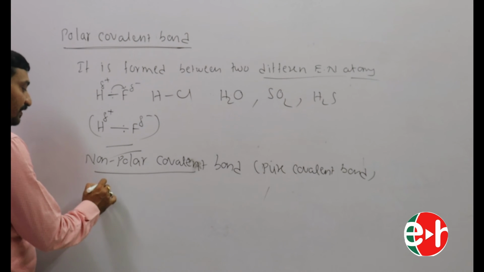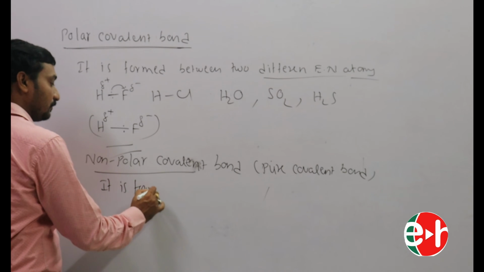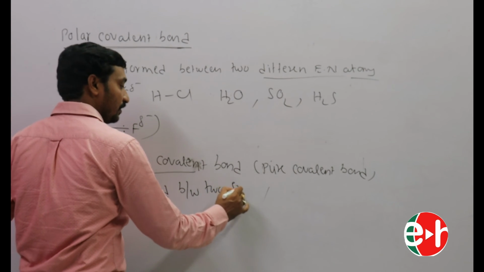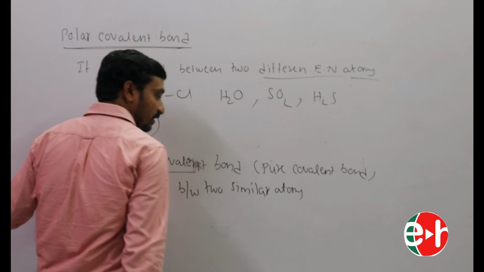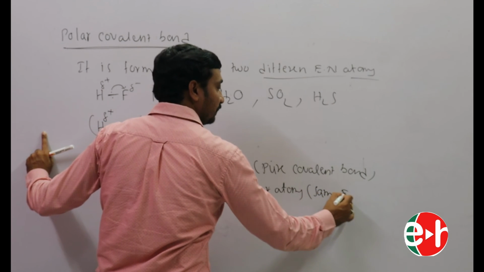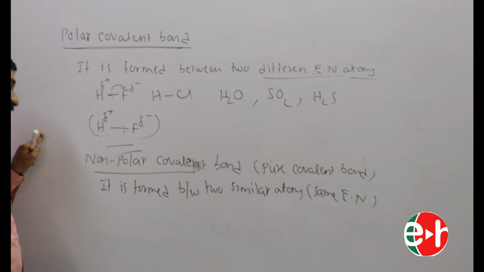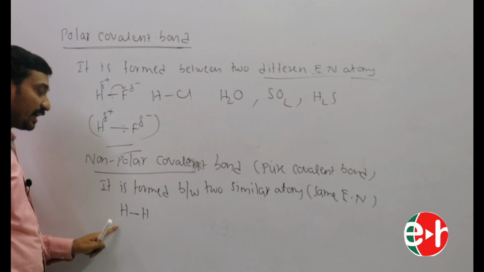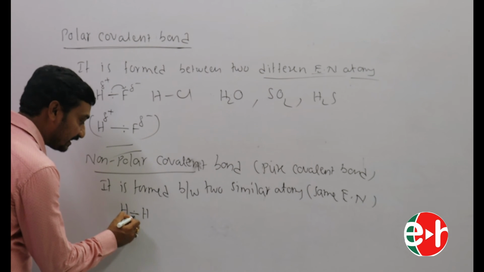It is formed between two similar atoms, that means same electronegativity. Here electronegativity is different, but here it is the same. Example H2, H bond H. Both are similar atoms. That's why electronegativity is the same, and the bond pair of electrons lies exactly at the center between two atoms.